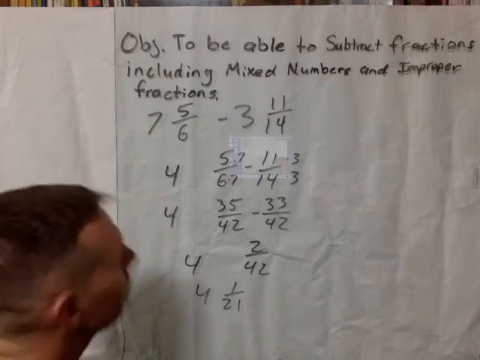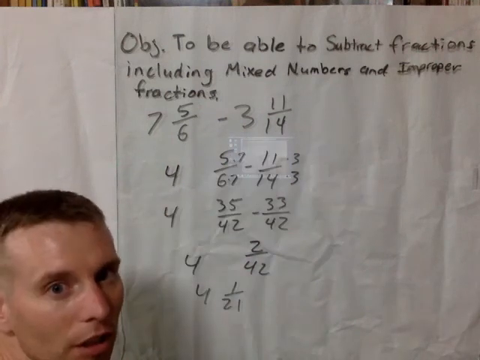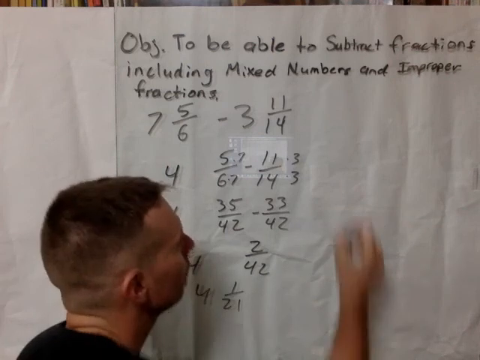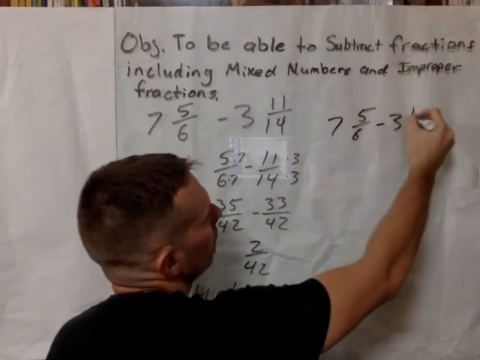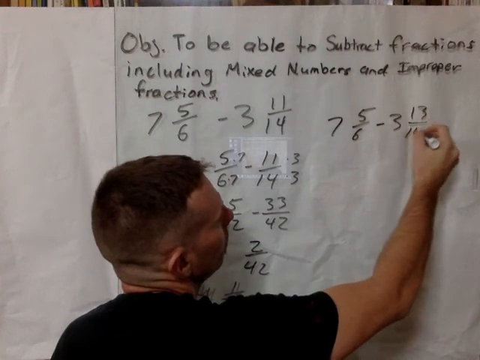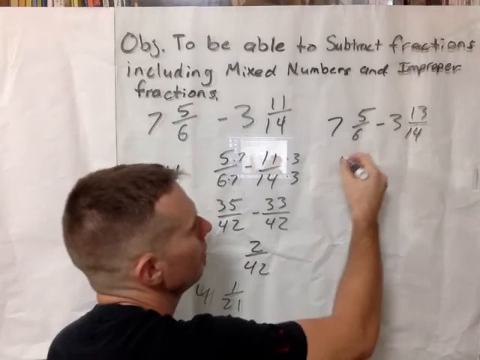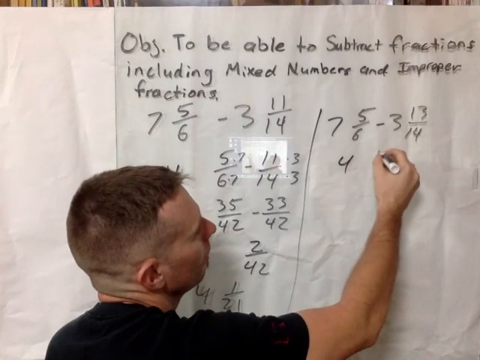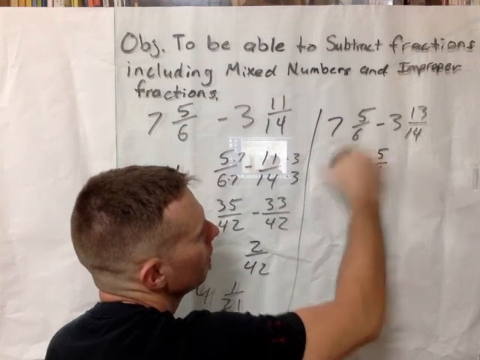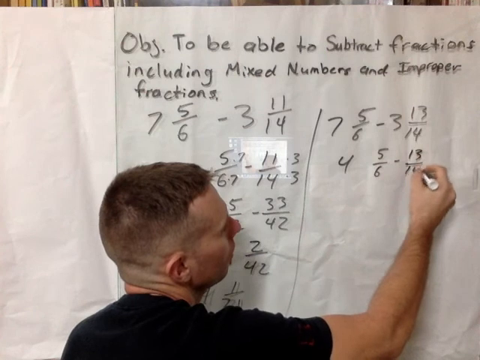Let's say, for example, though, that instead of this 11 over 14, we had 13 over 14. So you had 7 and 5/6 minus 3 and 13 over 14. Here it gets a little tricky because we can do 7 minus 3 is 4, and then we have a leftover of 5/6 minus 13 over 14.